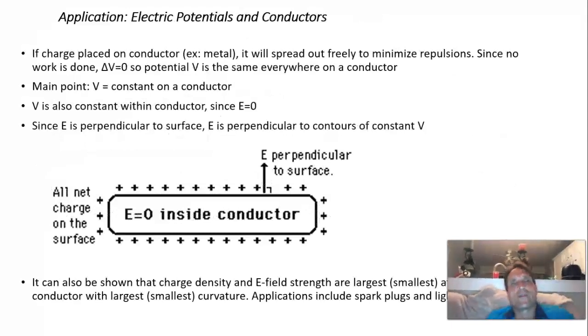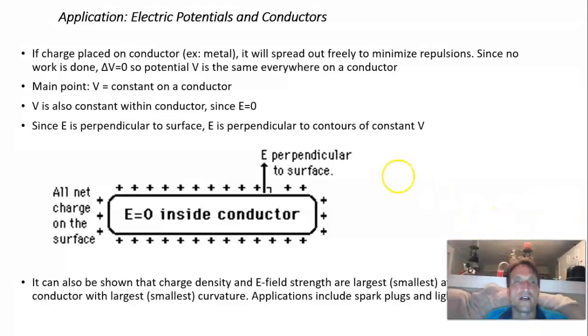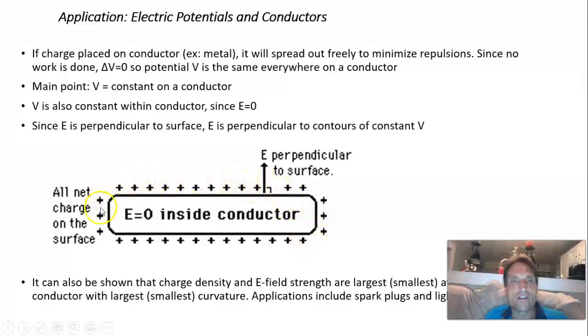Here's an important example: a conductor. Suppose you put some charge on a conductor, like a metal, and we put a bunch of positive charge on the surface. This charge will spread out because these positive charges want to get as far away from each other as possible. They want to minimize the repulsions.